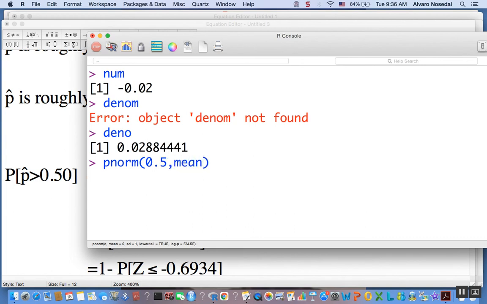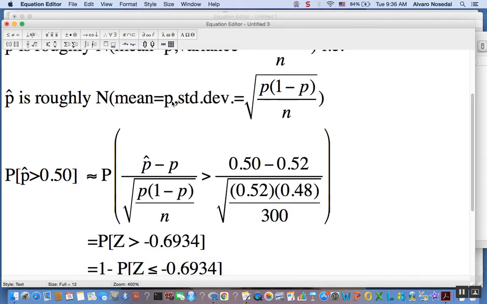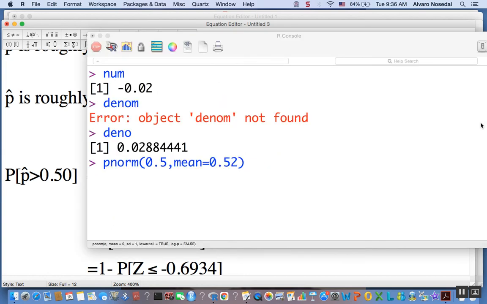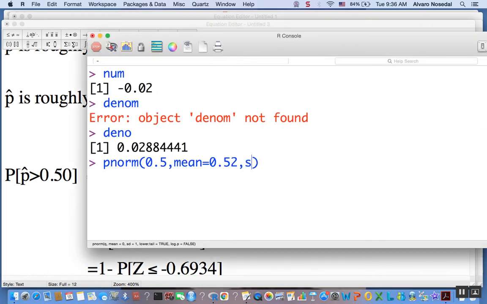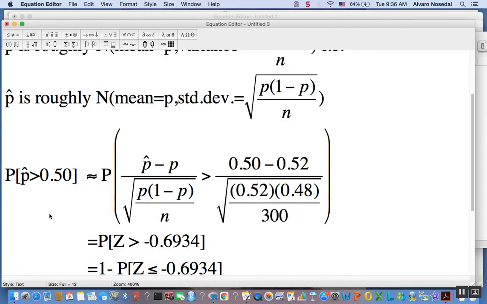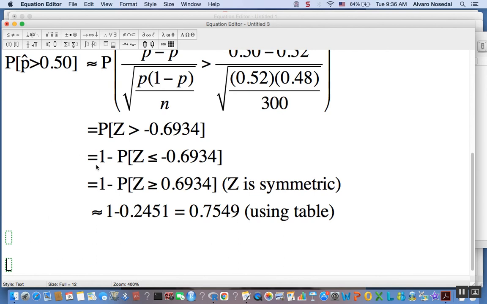The mean that I want is 0.52, and the standard deviation that I want is that denominator that we used to standardize, 0.02888, and so on, right? But now we want 1 minus, right?